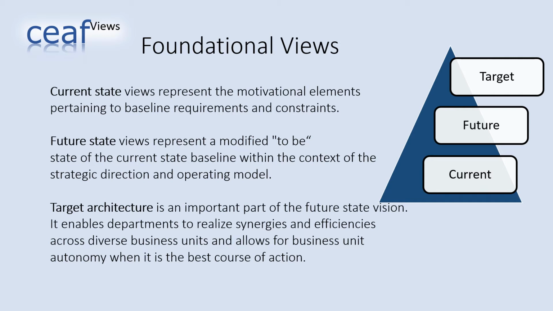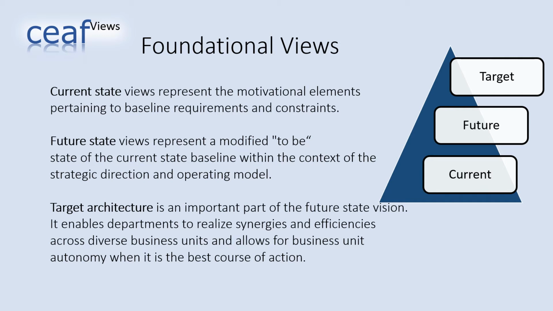Future state views represent a modified to-be state of the current state baseline within the context of the strategic direction and operating model. They also identify the motivational elements pertaining to the future state and relate them to other architecture elements. The target architecture is an important part of the future state vision.